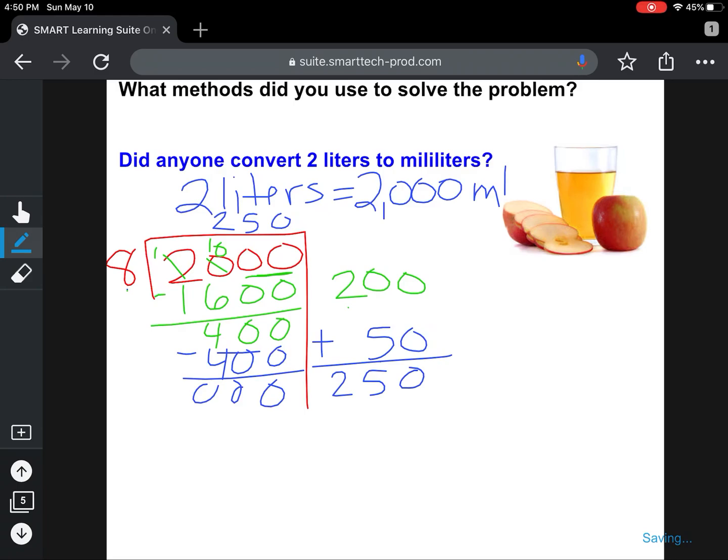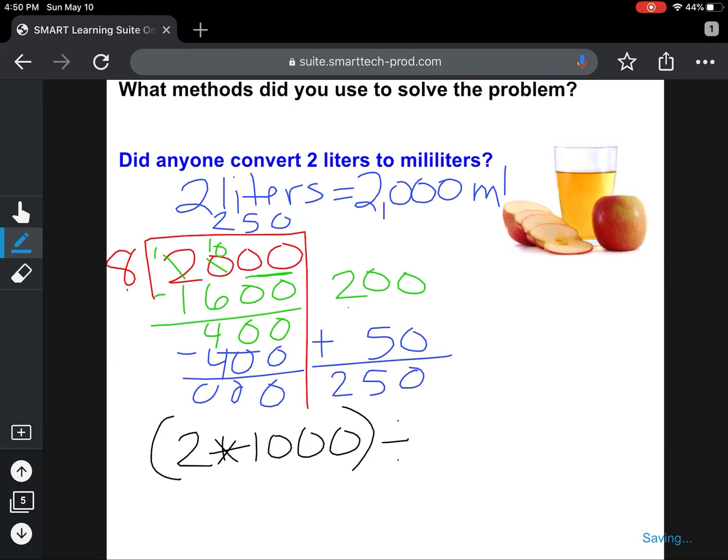The first thing we had to do was convert our liters to milliliters. So the first thing we did was take 2 times 1,000 because there are 1,000 milliliters in every liter. First we did that. Then we took that answer, and since we did it first, I'm going to put it in parentheses.